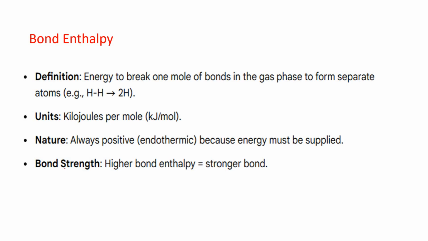The unit of bond enthalpy is kilojoules per mole, and it is always positive, that means endothermic, because to break the bond you need to supply the energy. And the higher the bond enthalpy, the stronger the bond, or if the bond is stronger, bond enthalpy will be higher.